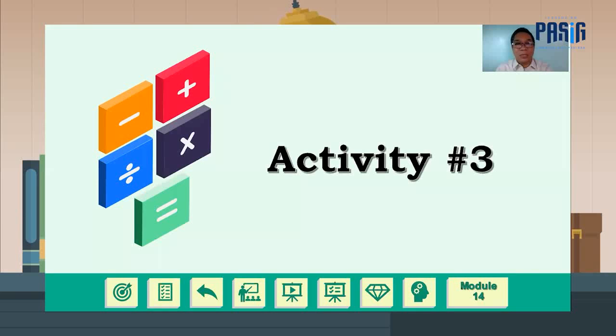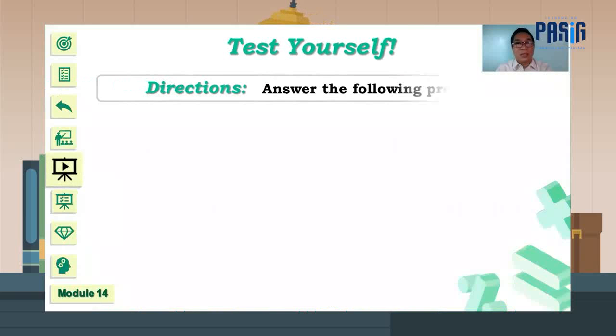For your activity 3, pace yourself. The direction is to answer the following problems.